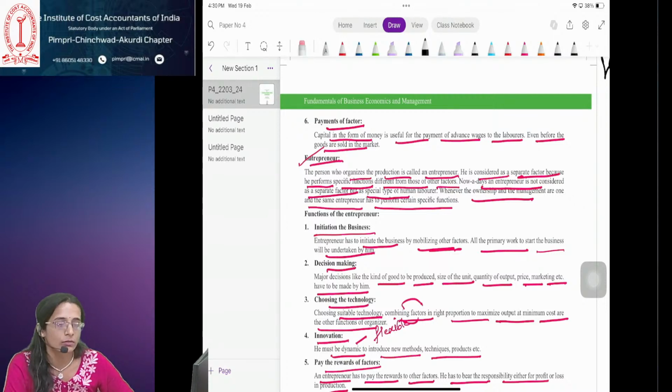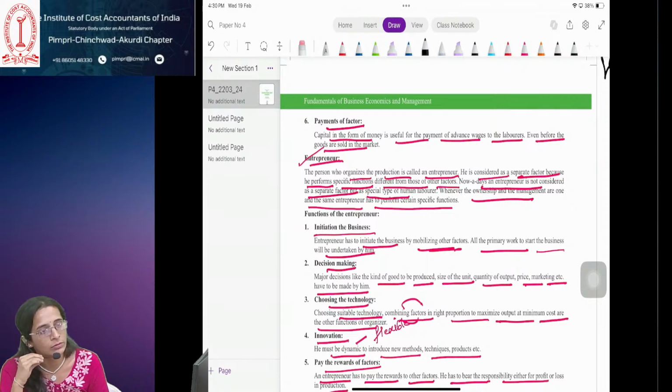Next is the entrepreneur. What is an entrepreneur? Who is an entrepreneur? A businessman. Can we say a businessman is an entrepreneur? Mukesh Ambani, Adani. Right. So what is the duty of an entrepreneur? He has to manage that business, right? He has to look into the business: what type of goods will be produced, he will decide, right?